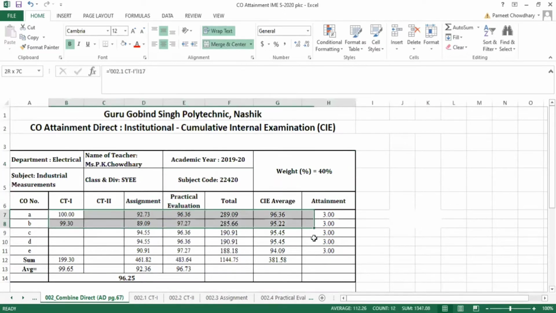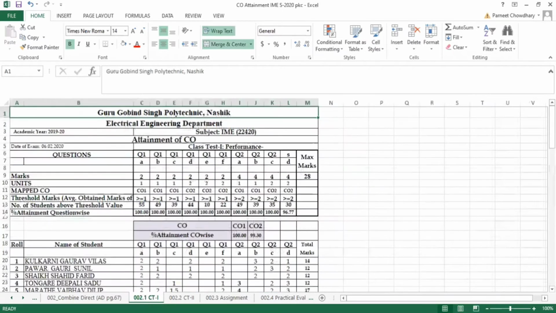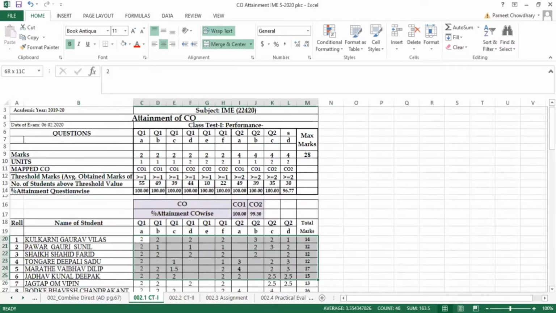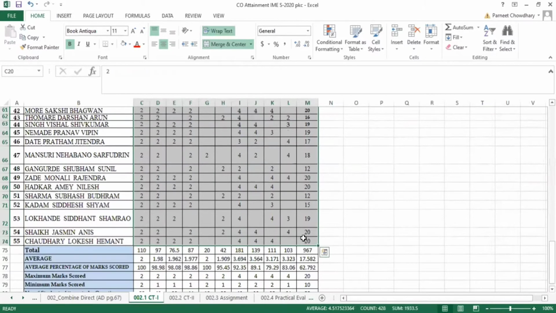Now these various tools, these marks are coming from the backup sheet. So for example, CT1, these two values are coming from 002.1. That is my CT1 sheet. So here I have done the bitwise assessment of my class test 1 marks. So these are my 55 students and I have done bitwise assessment of my marks.